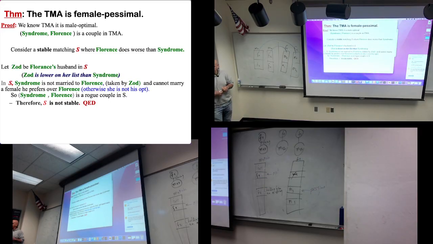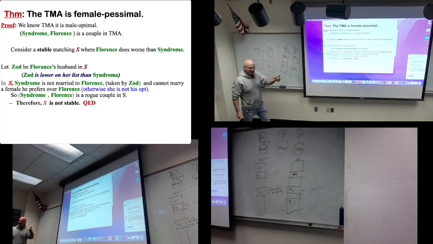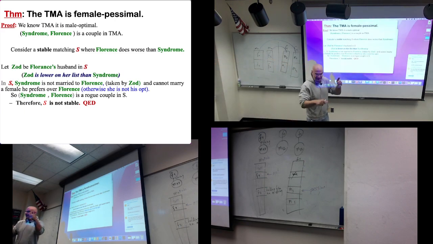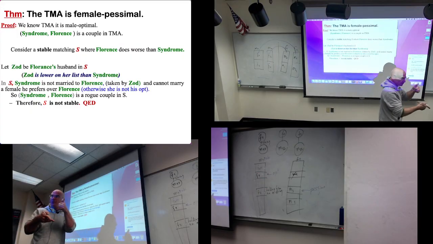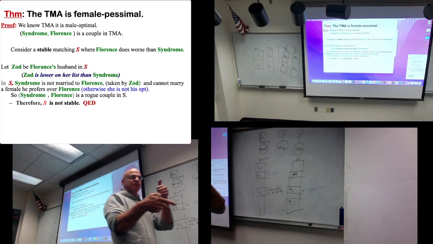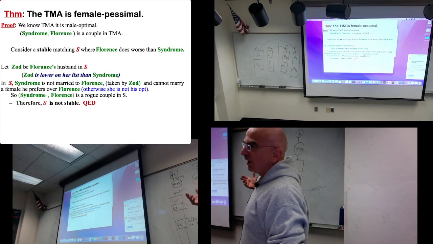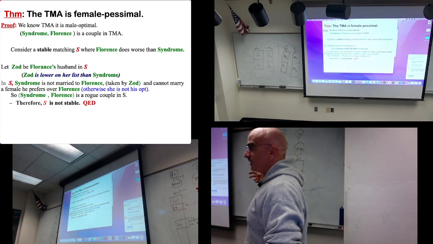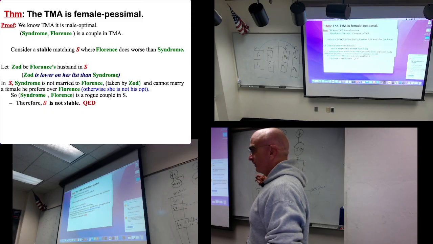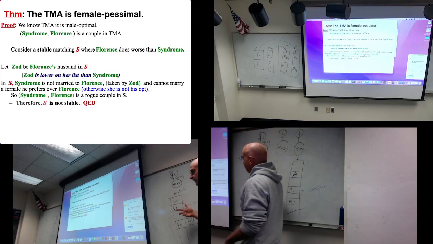Because the male is proposing, the female gets to decide. Exactly. We said every female is getting the best male among the males that made proposals to her. Nowhere in this algorithm can she check what's up with other males that did not propose to her. And that's essentially where this injustice is coming from.